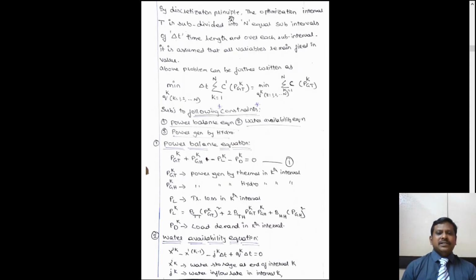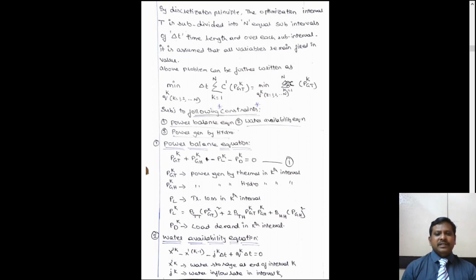By the discretization principle, the optimization interval T is subdivided into n equal subintervals of delta T time length, and over each subinterval it is assumed that all the variables remain fixed in value.